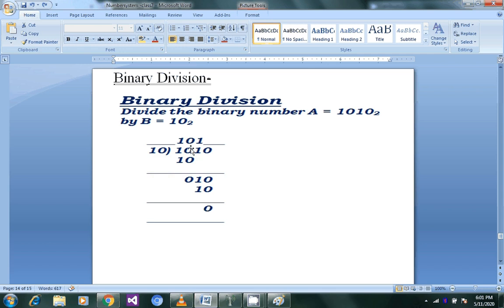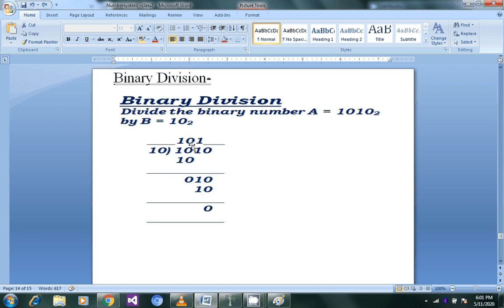Then you write here 0, then you write again here 0, because when you write here only 1, it neither divides by the 10, so you have to carry forward this 0 also.